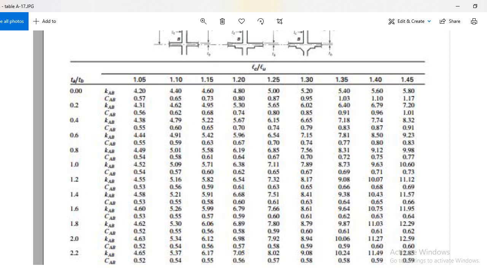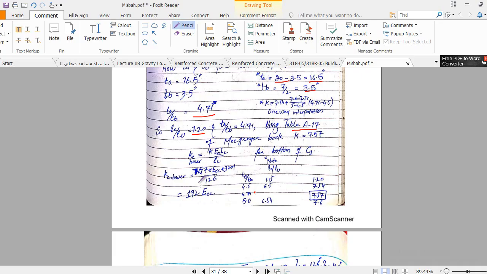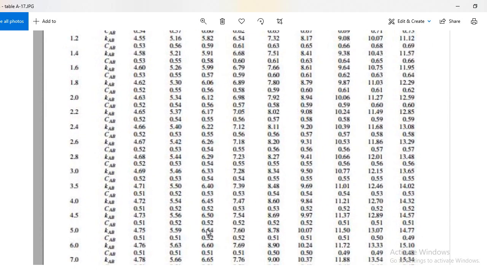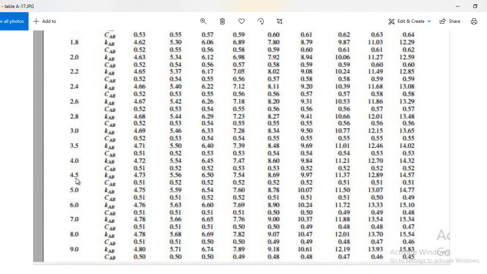But here, as our Ta by Tb value is 4.71, we need to interpolate for 4.71. That is, we need to go down here, between 4.5 and 5. So we have to interpolate the value in between these two values.